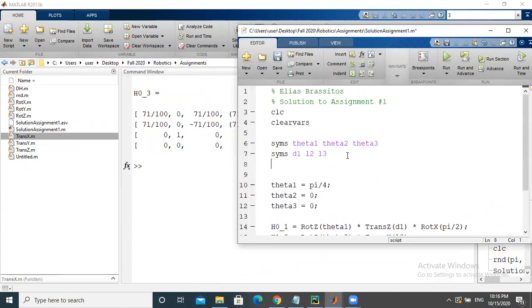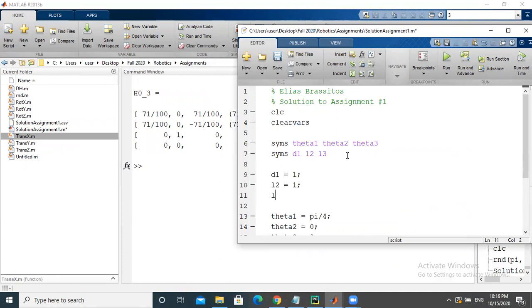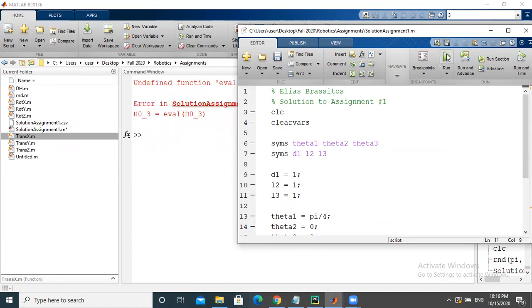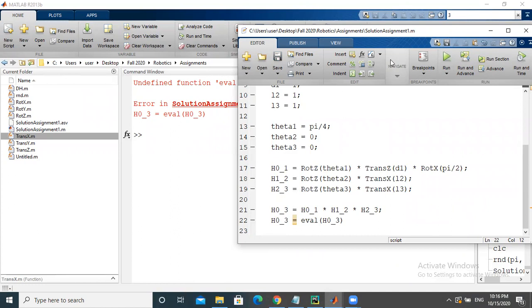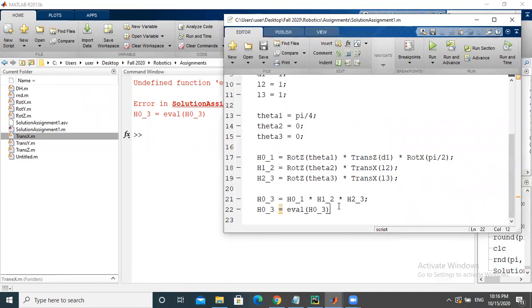We'll probably have to put some values for d1. Let's put d1 equal to 1, L2 equal to 1, and L3 equal to 1. We didn't change that. Okay, let's do it like that now.